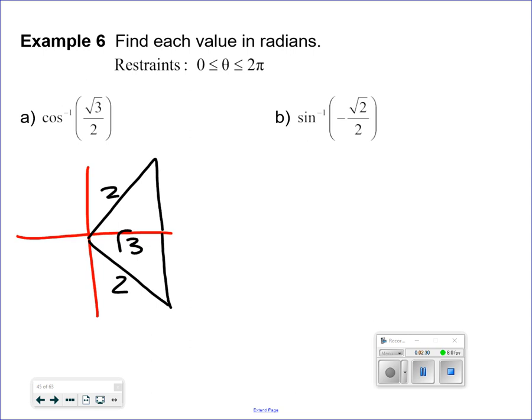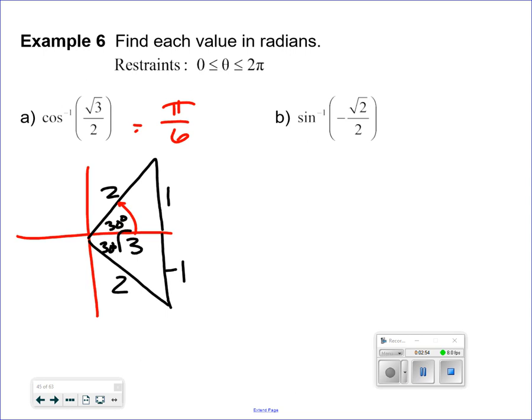So now, writing the missing side, this makes a 30-degree reference angle. Now, this gets a little bit mean here, but I want this in radians. So a 30-degree reference angle in radians is pi over 6. Now, instead of just saying negative pi over 6, they want the positive.